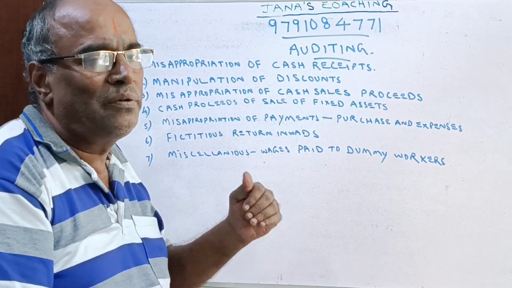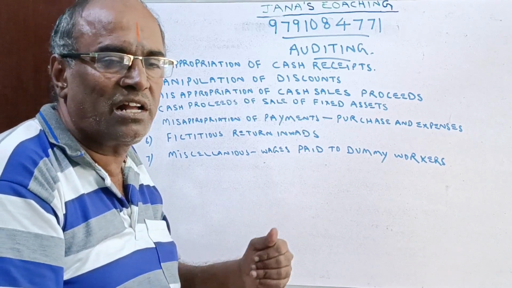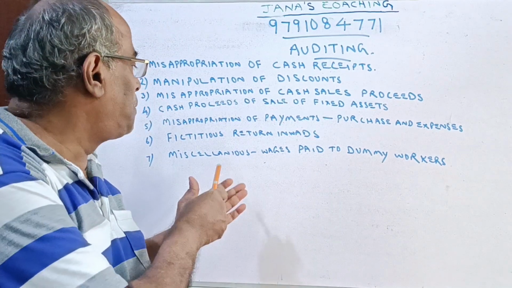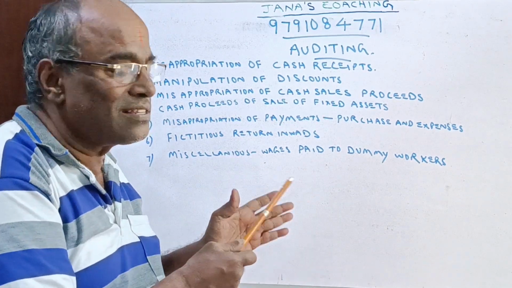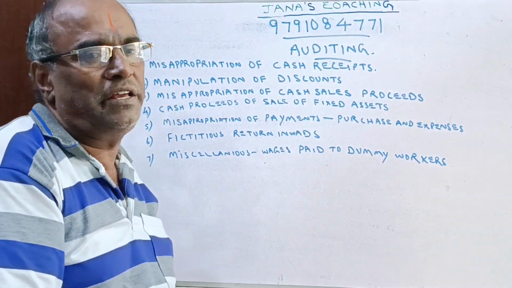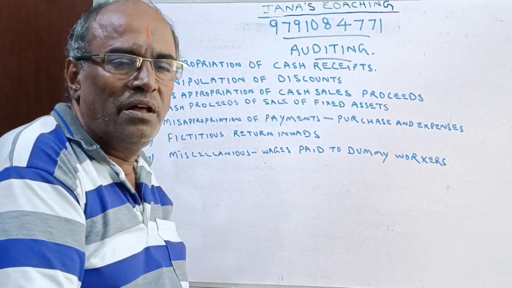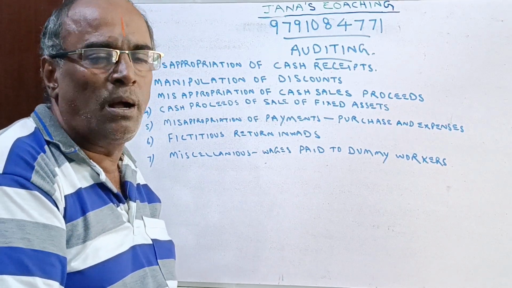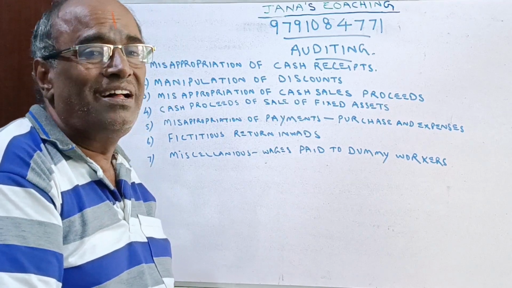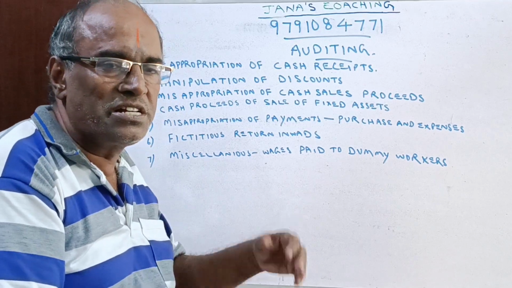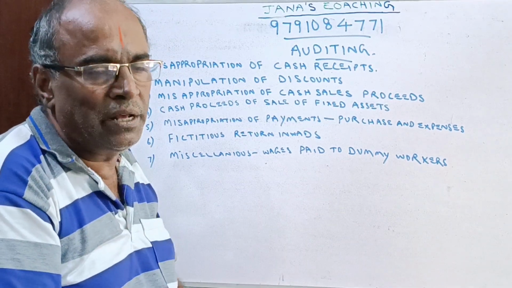But in a fraudulent action committed by the cashier, the opposite is a sales return. At the time of a sales return, the company is giving back the product worth rupees 30,000, that is, returning the money to the buyer.